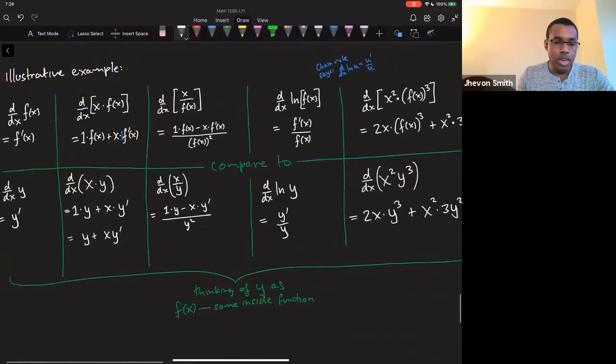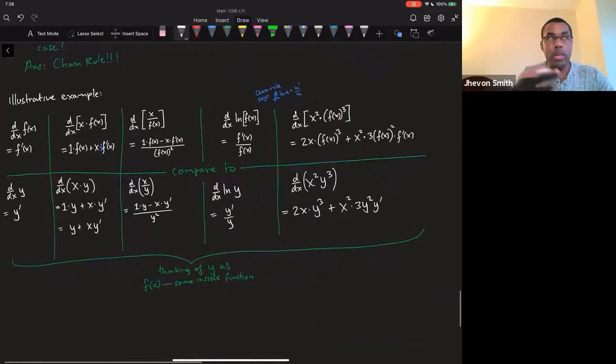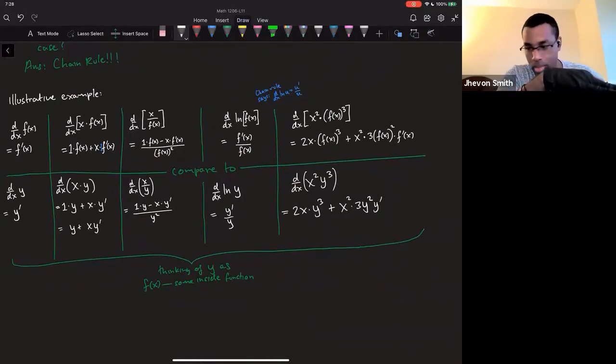And the idea in a nutshell, although this becomes dangerous when you start to move further along, is if you're differentiating something with an x, you just do it as normal. If you're differentiating something with a y, multiply by y prime. That's essentially what it boils down to in this case. But that's only in the case where you only have two variables. It can get a little bit trickier later, or if I switch variables.